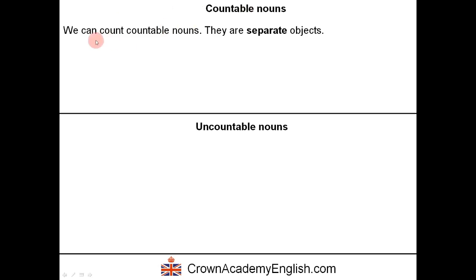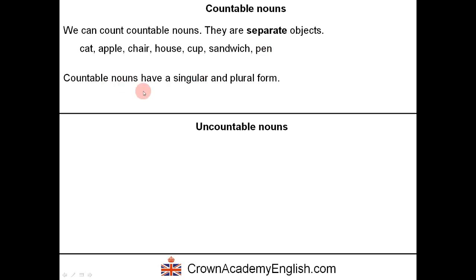Countable nouns, we can count countable nouns because they are separate objects. Example: cat, apple, chair, house, cup, sandwich, pen. Countable nouns have a singular and a plural form. Example, apple in the singular. The apple is very nice.